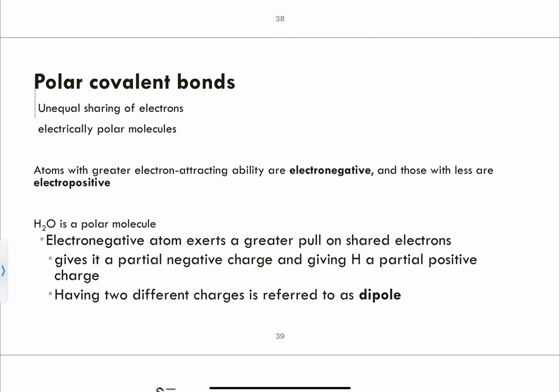When it pulls harder on those electrons, it forms what we call partial charges. Not true charges, but partial charges. The atom that pulls harder on the electrons ends up bearing a partial negative charge, while the atom that is farthest away from the electrons ends up bearing a partial positive charge. Because we have these two different charges, we say that we have a dipole.